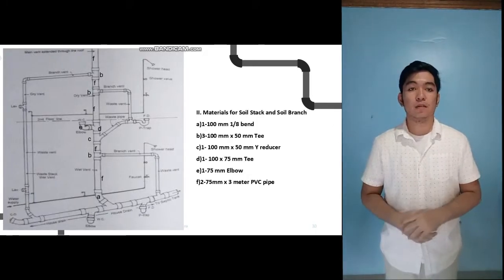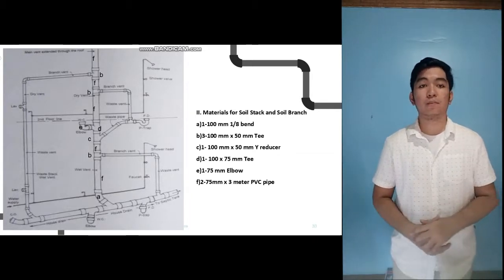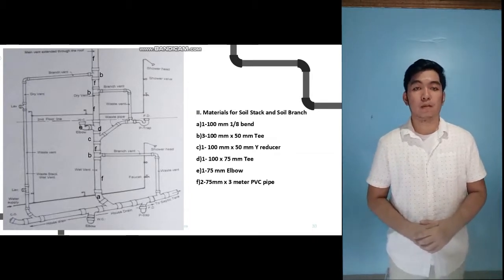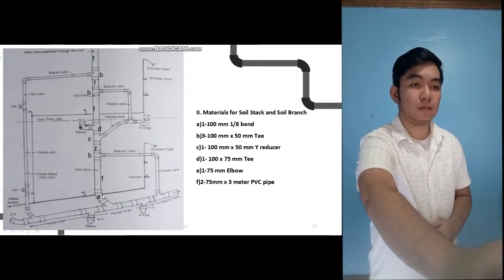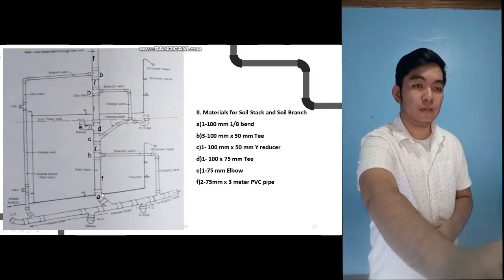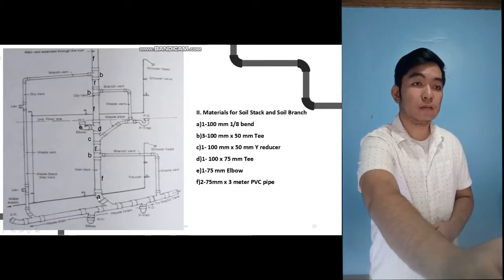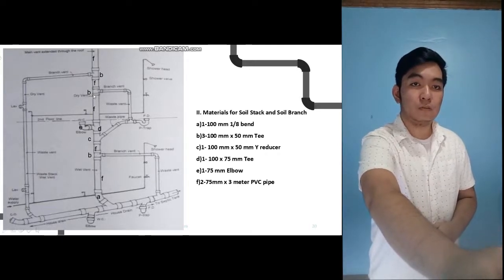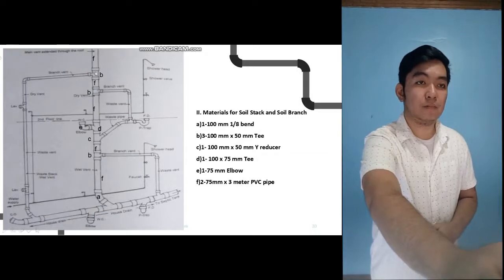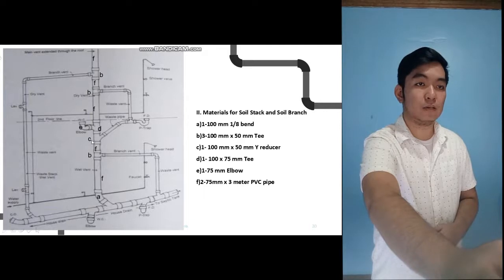So next is the materials for soil stock and soil branch. So for A, one piece na 100 mm na 1/8 na bend, diri dapit kaning sa may Y reducer. Sa B, kani tulo siya ka buok, 1 2 3, tulo ka buok na T 100 mm by 50 mm T. For C, kani isa ka buok na Y reducer.